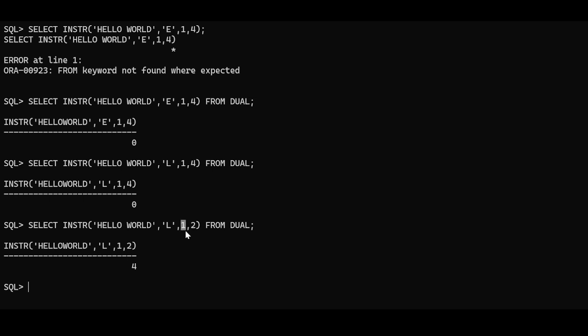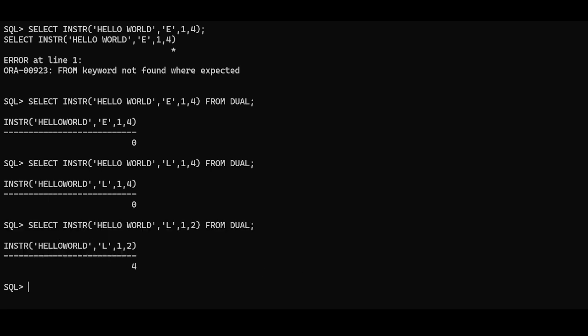From the first position, find the second occurrence of the L. This is defining the second occurrence of the L. This is the first occurrence, this is the second occurrence, and return that and give me that position.